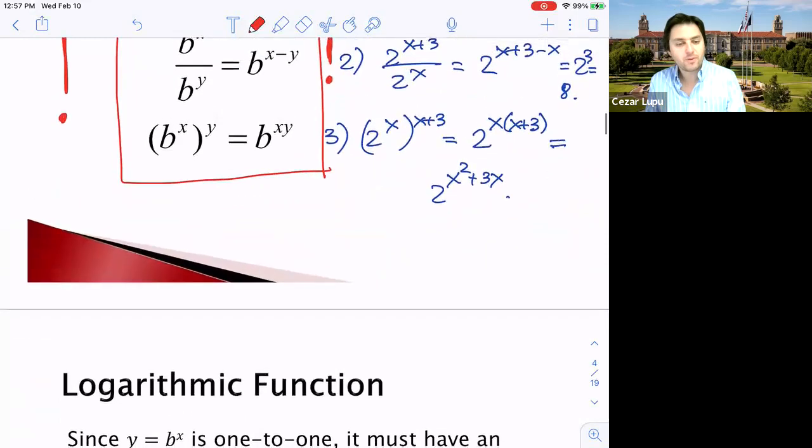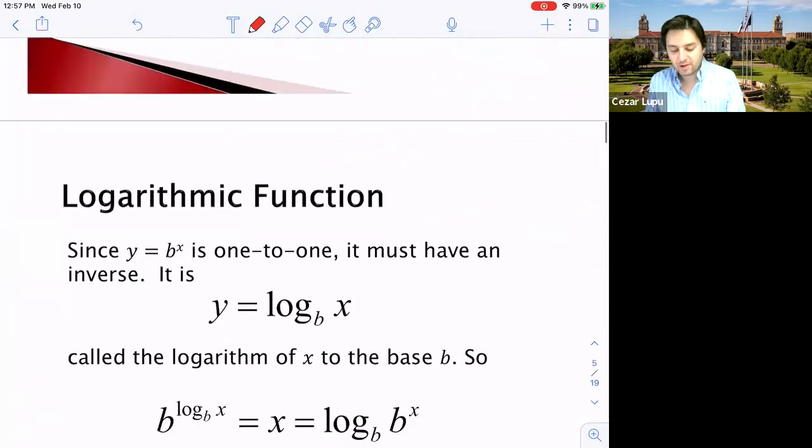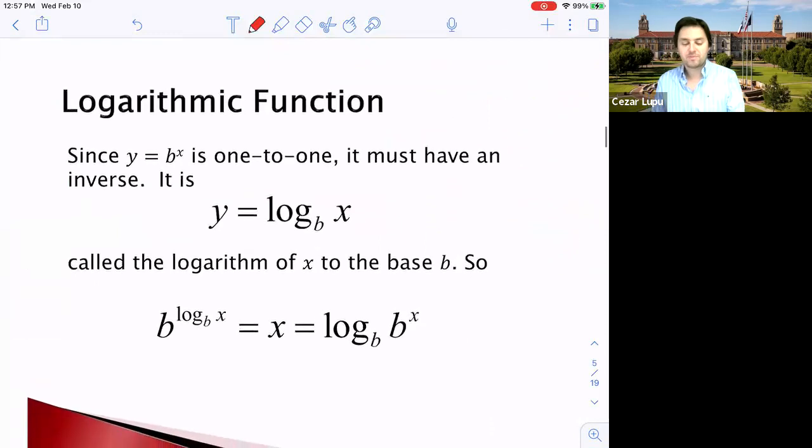Now I'd like to talk about the logarithmic function. Like I said, if we have the exponential function, there is always going to be an inverse of the exponential function, which will be given by the logarithm function.